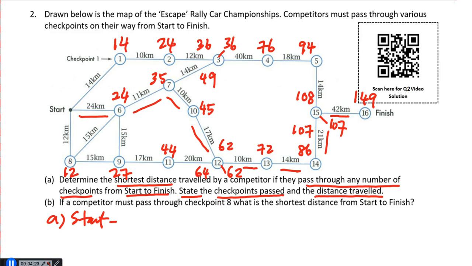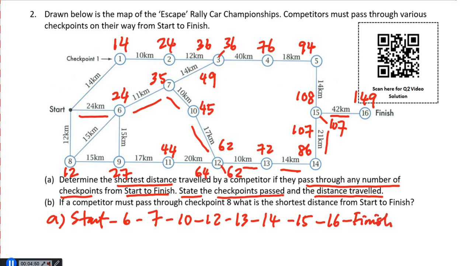So the shortest route is from start, then we go to 6, go to 7, go to 10, we go to 12, and then we go to checkpoint 13, 14, after that we go to 15, and then we go to 16, and the last one then it will be finished.